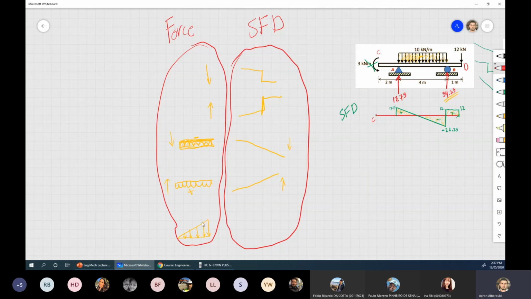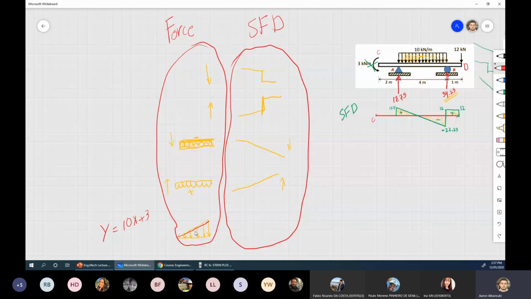Now, if we already have our force as a declined line, the equation in theory for that line equals, for example, 10x plus 3. It's a first degree line with a slope on it.